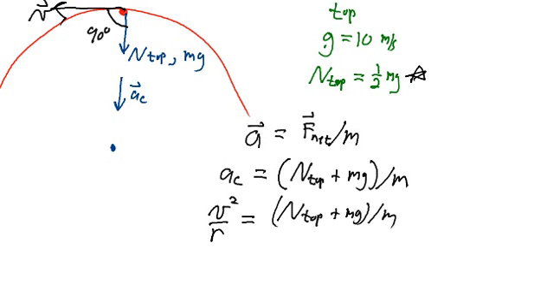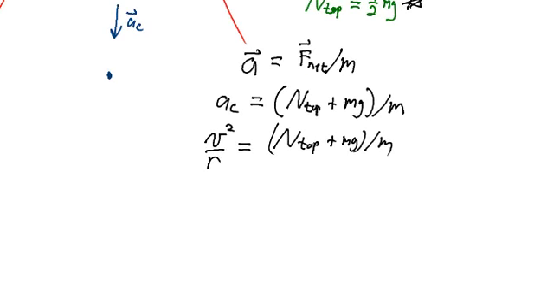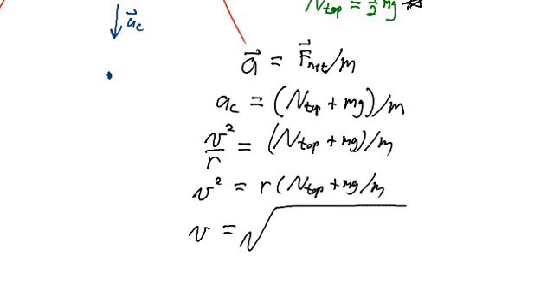And so I just need to do 2 more steps of algebra, I think, in order to isolate the symbol for the speed. So I'll cross multiply. V squared is equal to r times N at the top plus mg divided by m, and then v is going to be the square root of that quantity, r times N top plus mg all divided by the mass.